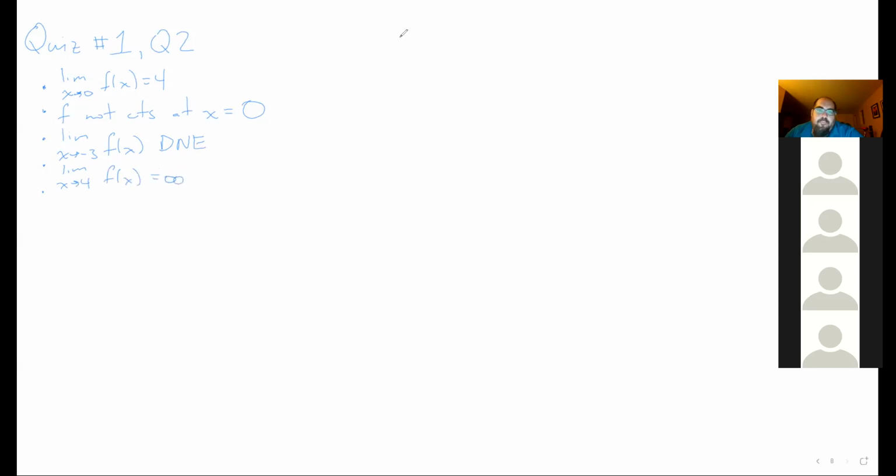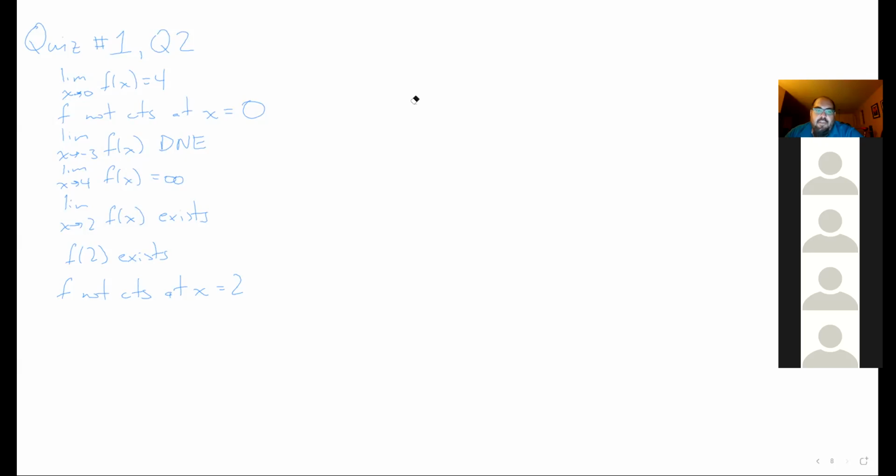And the last one is, as x approaches 2, the limit exists, f of 2 exists, and f is not continuous at x equals 2. So I am giving you basically requirements at different x values.